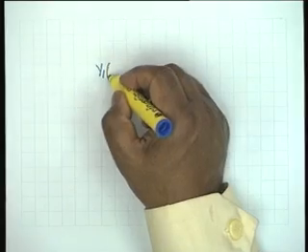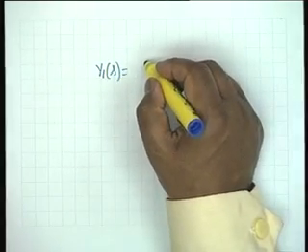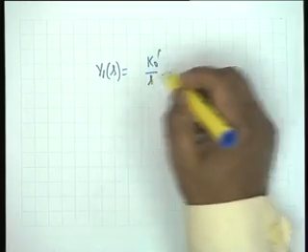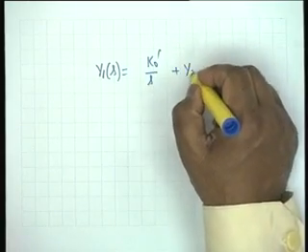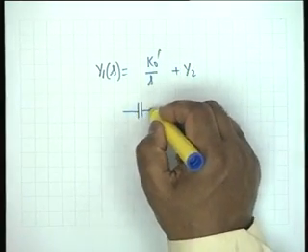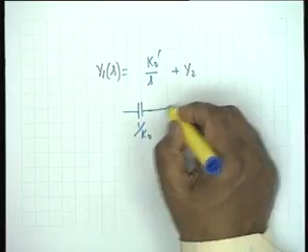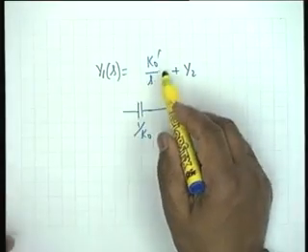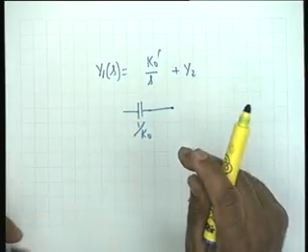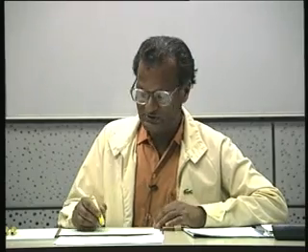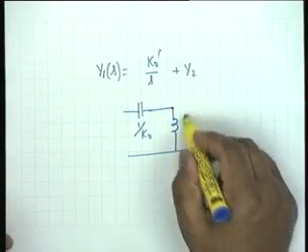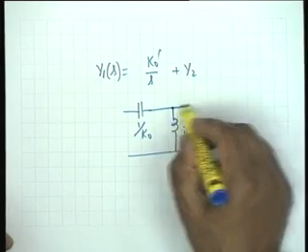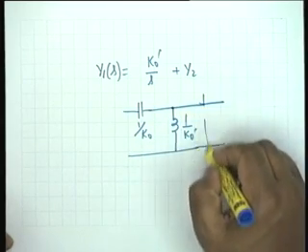That means Y1 can be written as K0 prime by s plus Y2, which means that what we are doing is we are removing a 1 by K0, then from admittance we are removing K0 prime by s, which means an inductor in shunt, 1 by K0 prime, and the rest of the admittance is Y2.